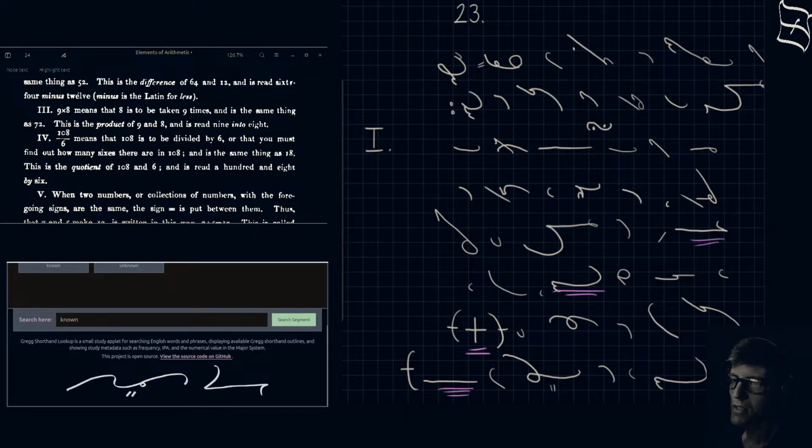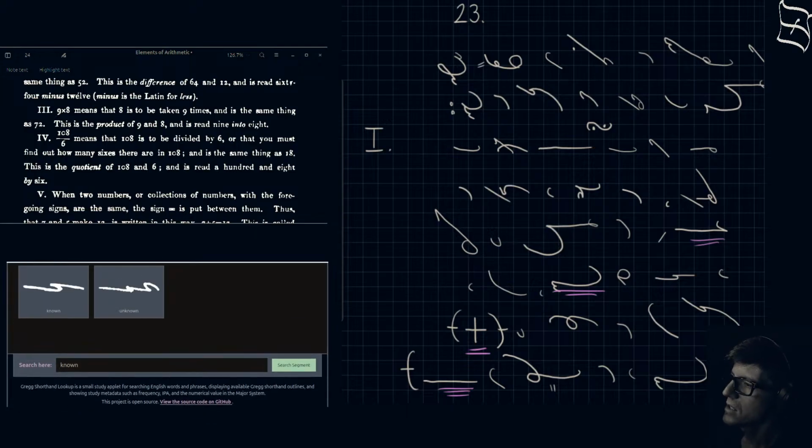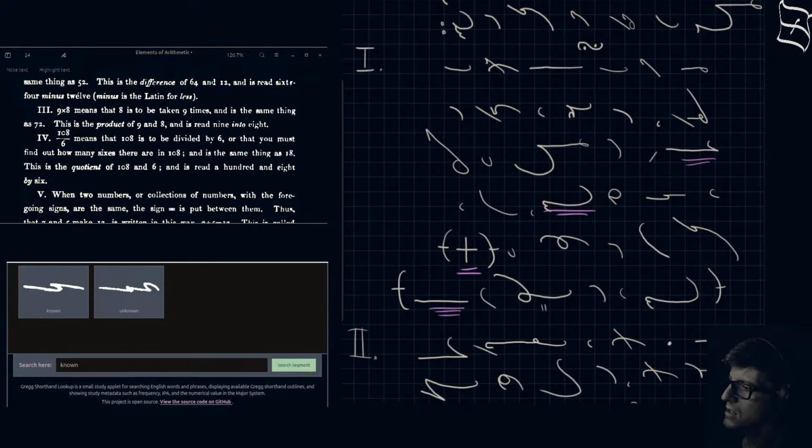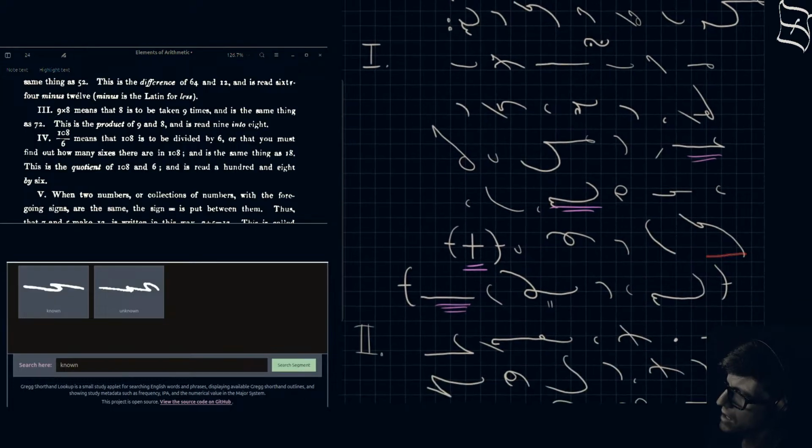The symbol of addition is known as plus, and is denoted by. So we need to put this here. And is denoted by, this should be by. By, there we go.